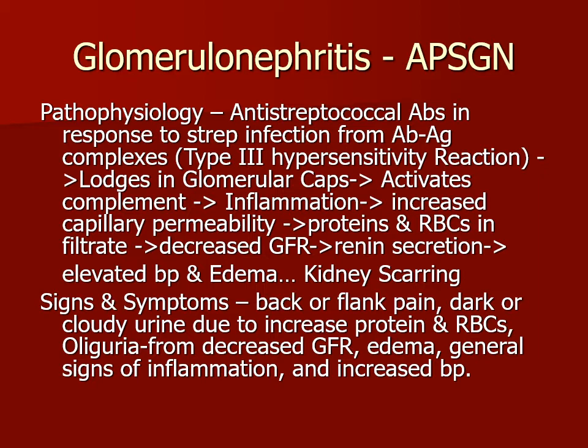Signs and symptoms: back or flank pain, dark and cloudy urine due to increased protein that's leaked into it. Oliguria, which means you're not producing much urine, and that's from decreased glomerular filtration rate. You have facial and periorbital edema, and that's from decreased blood proteins and increased sodium and water retention.